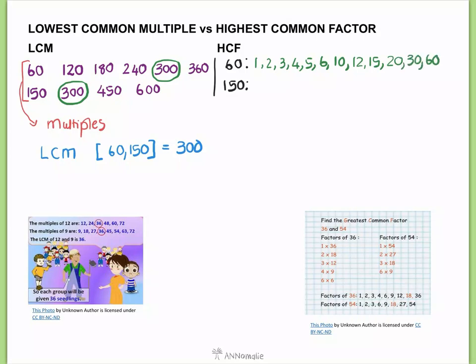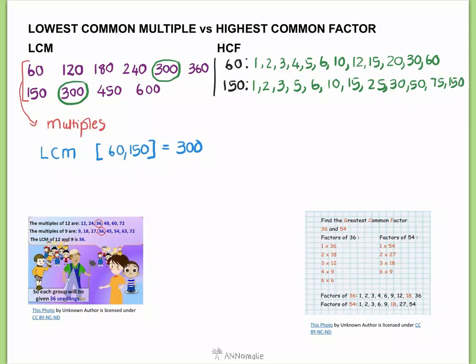The factors of 150, also 12 factors, as we know by now: 1, 2, 3, 5, 6, 10, 15, 25, 30, 50, 75, and 150.